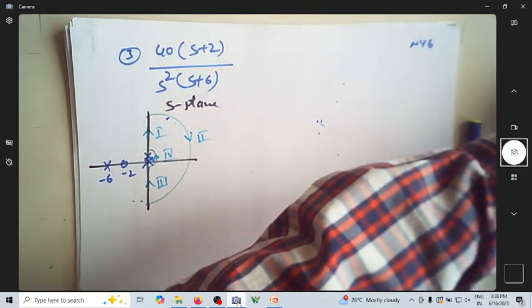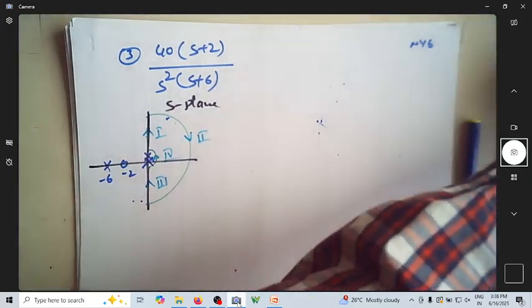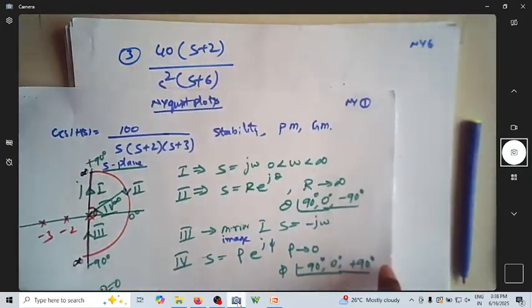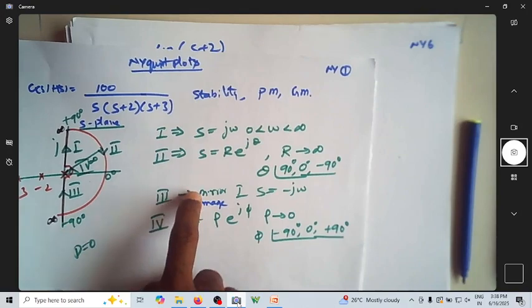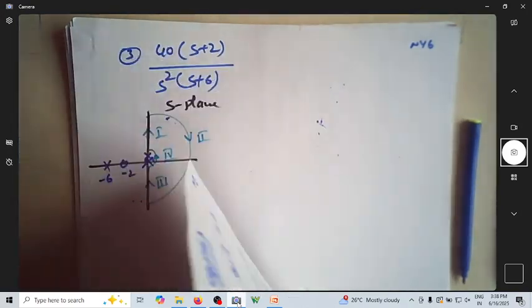So the s values of the segments continue for this.